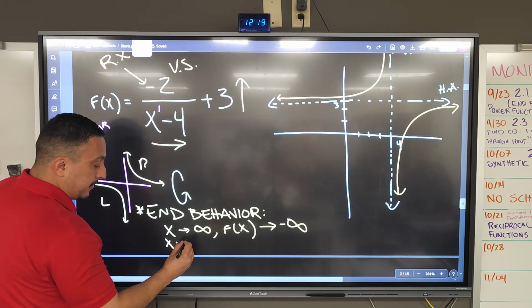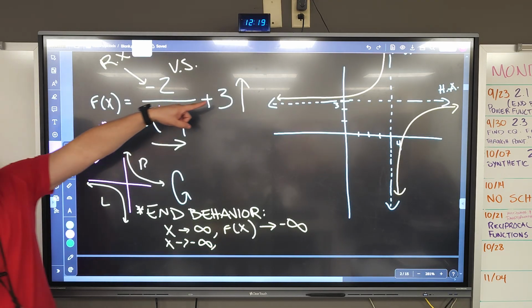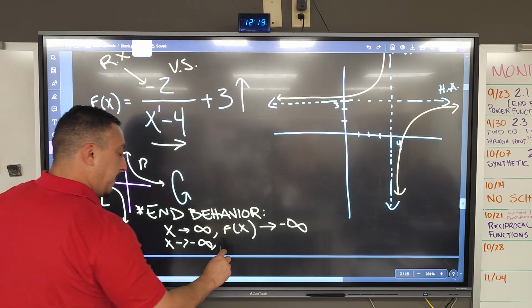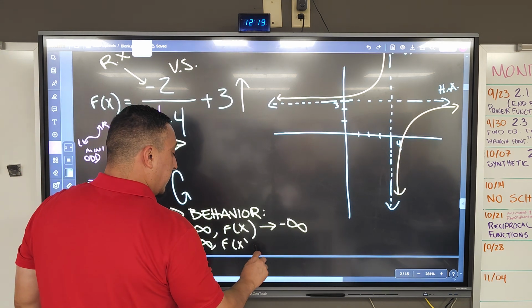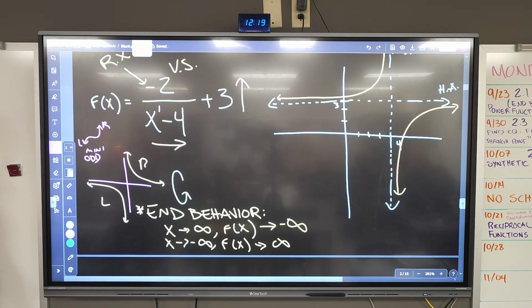And then the left arm, this is the left arm, right? Where's this one pointing? Infinity. That's wrong.